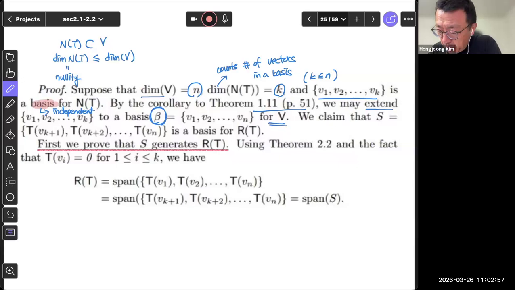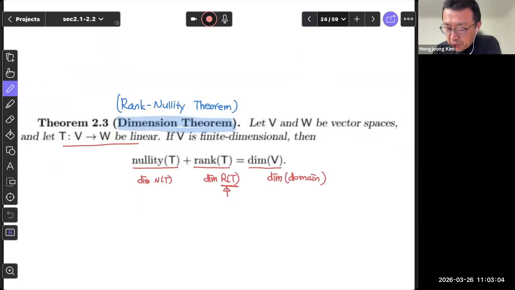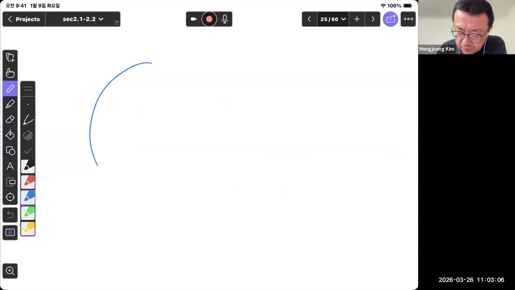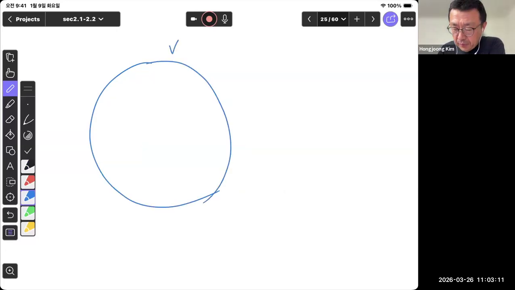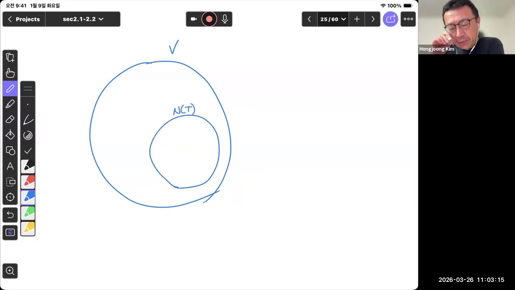So when we extend, here let me consider this. I have V space and I have N of T. And within this N of T, I can find v1 up to vk, and they form a basis. And I know that they are independent because they are a basis.